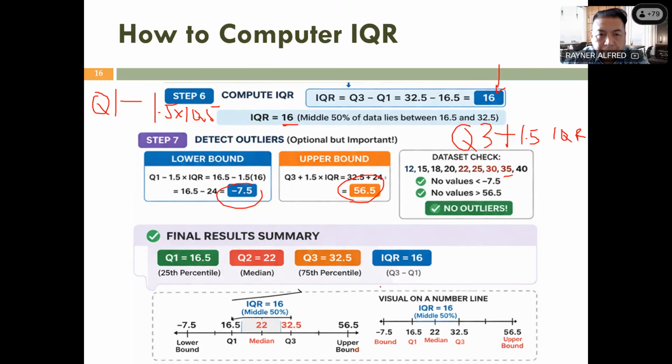So in the practical lab, we will go through this one using the R software. So don't worry. We look into this one.